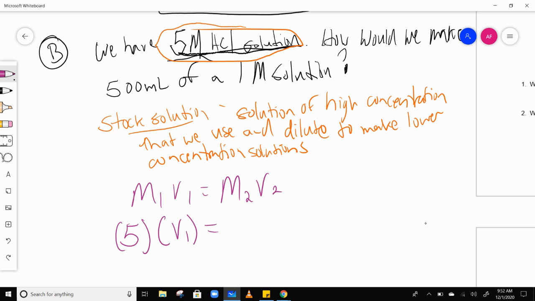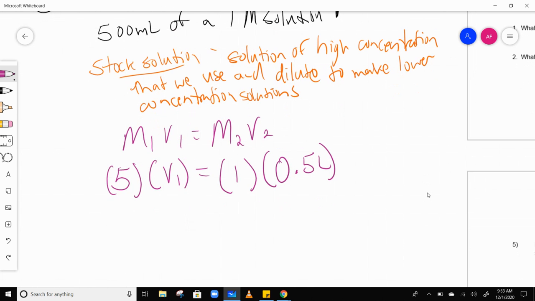If we're going to make a 1 molar solution, and we're going to make 500 milliliters of it, or 0.5 liters, basically we divide by 5. 0.5 divided by 5 is 0.1, sorry, 0.1 liters.